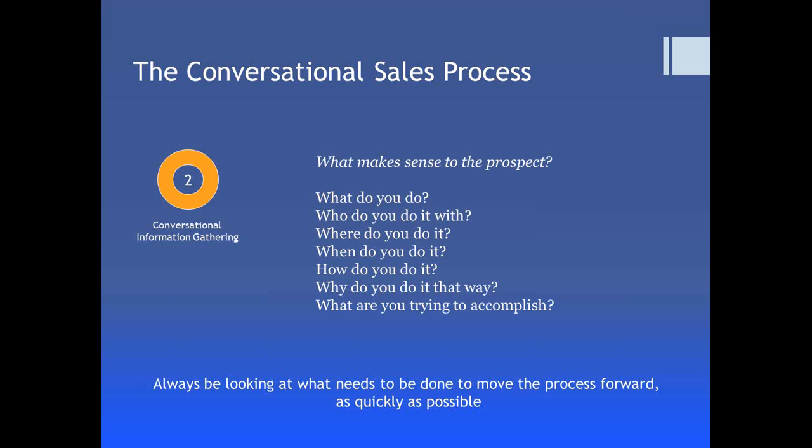Three months from now, what's it going to look like? And the reason I'm going to ask him that is because when Greg answers that question, 90 days from now, what's going to look different if you and I choose to work together? Greg's going to explain to me how he's going to judge my success or failure in working with his team. And when I know how he's going to judge it, I know what he's looking for. And when I know what he's looking for, that's how I'm going to sell him.